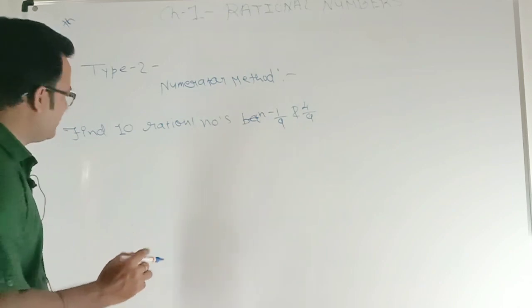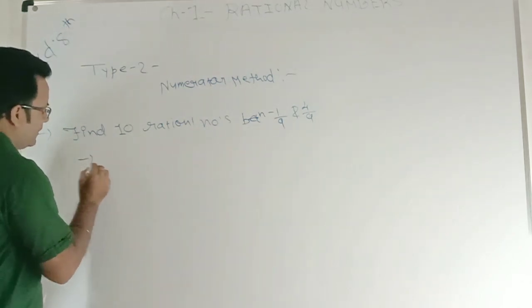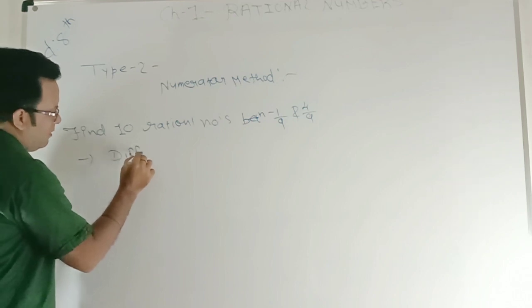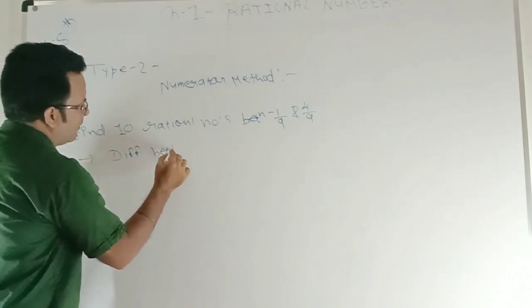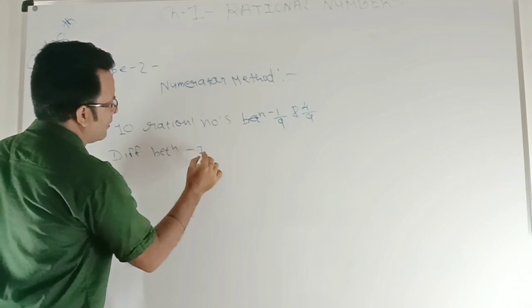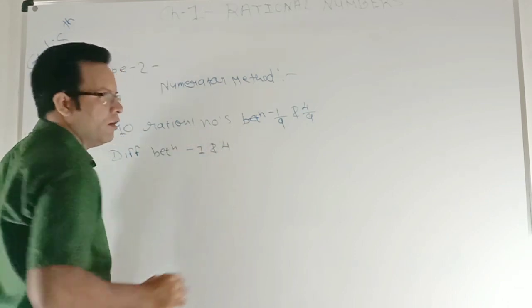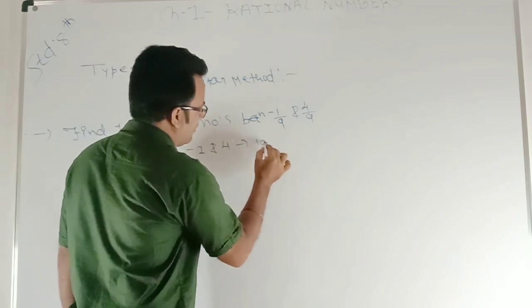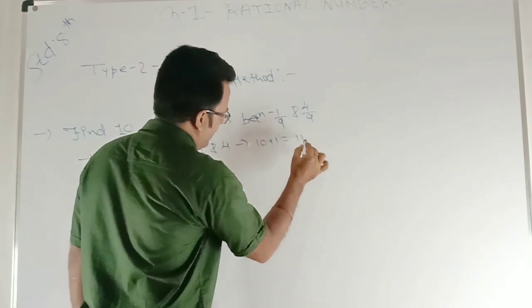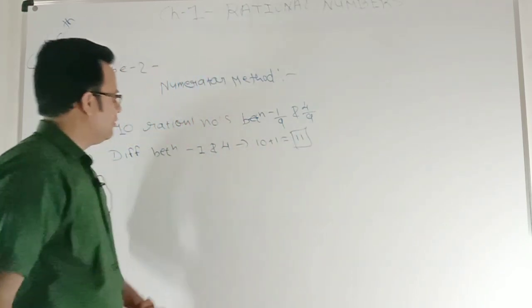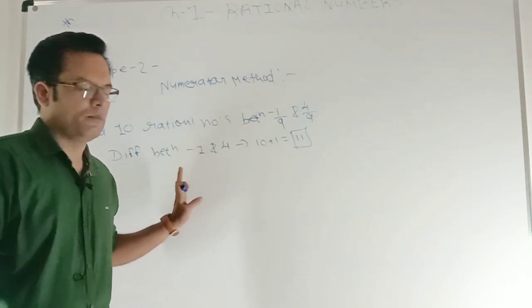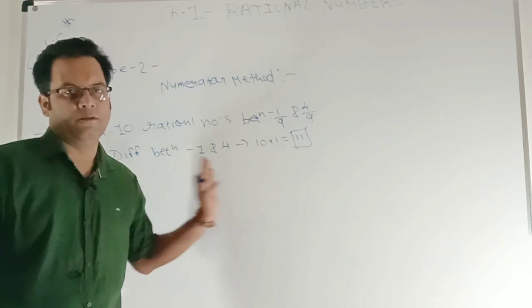So the difference between -1 and 4 should be 10 plus 1 is equal to 11. So this much difference must be there between -1 and 4.